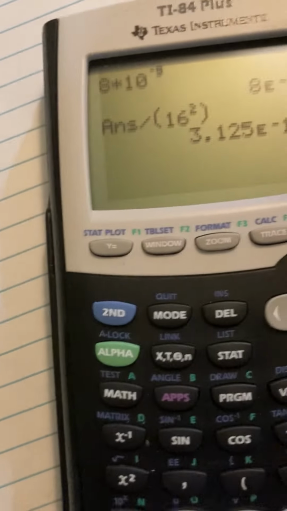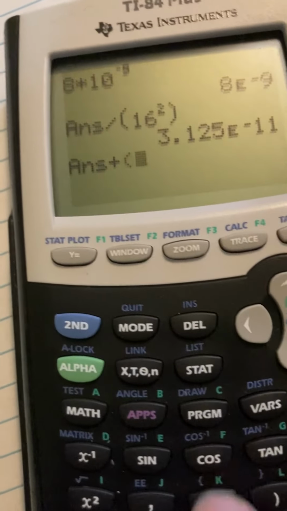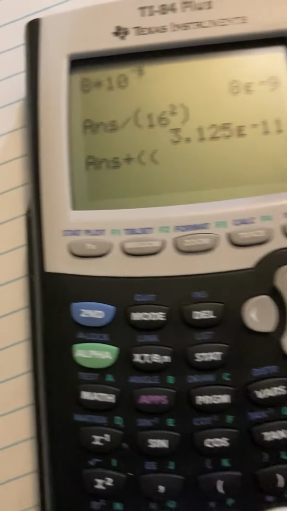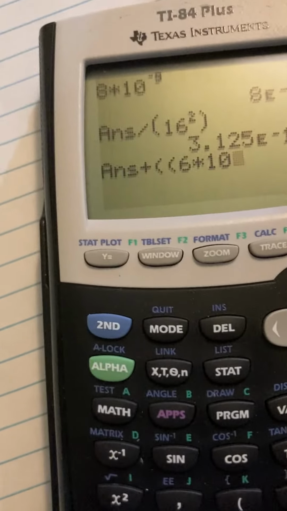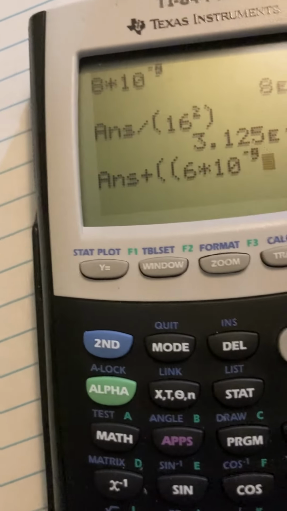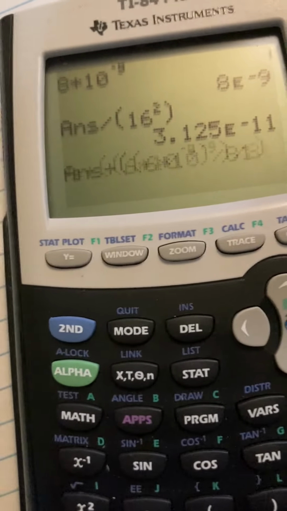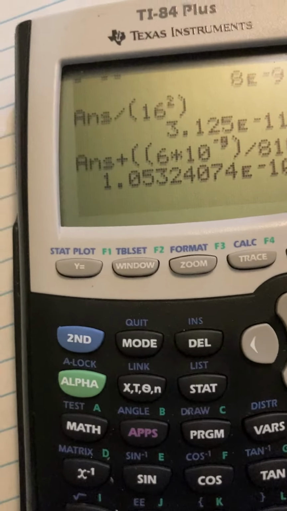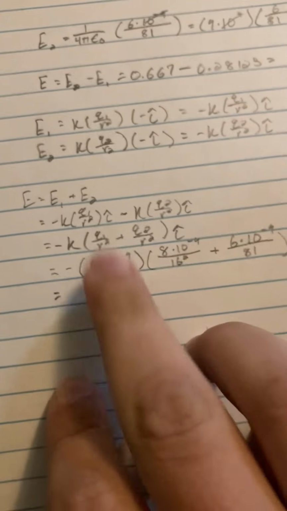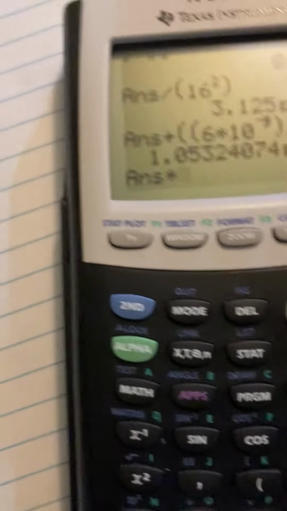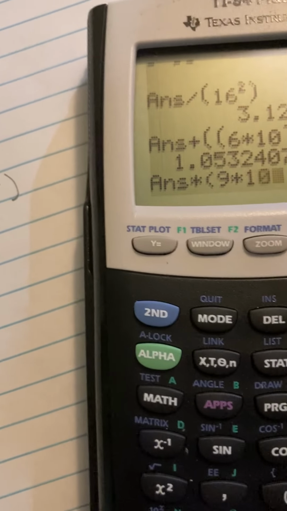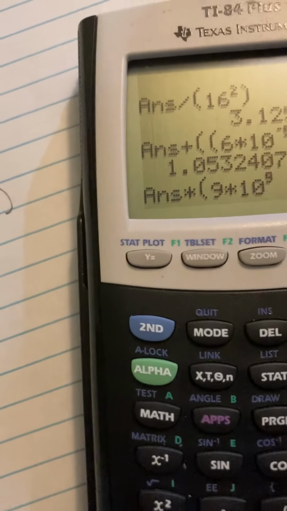Okay, now we're going to add 6 times 10 to the negative 9 divided by 81. And then we're going to multiply by our K value, so times 9 times 10 to the 9th power.